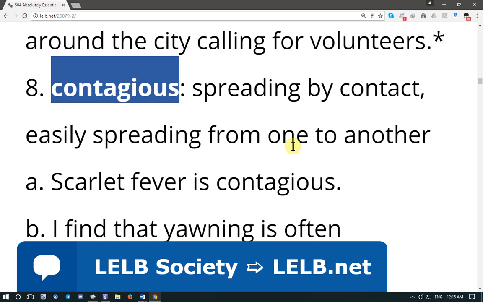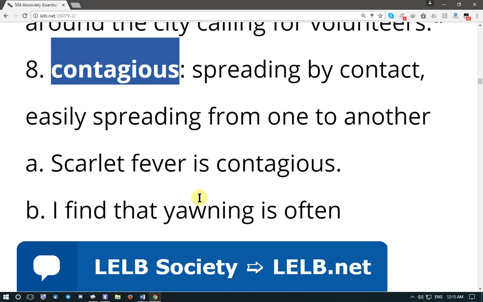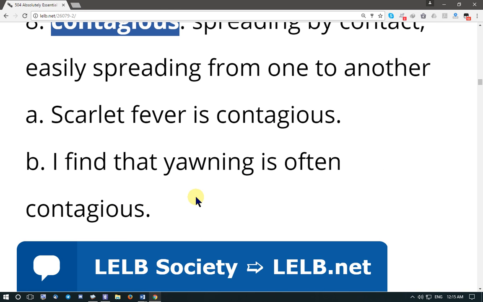STD stands for sexually transmitted diseases, such as HIV, hepatitis, and so on. And these are also contagious. But they are not transmitted by, for example, sneezing or shaking hands.